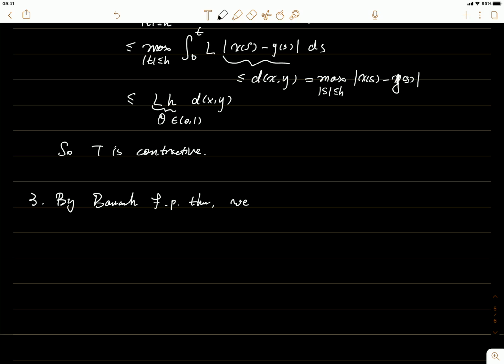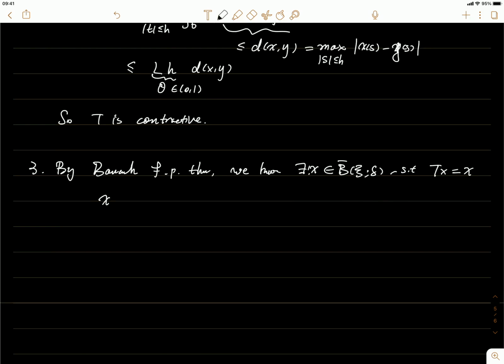We know there exists a unique x in this ball such that Tx equals x, or in other words, x of t is equal to Tx of t, which is c plus the integral from 0 to t of f of s, x of s, ds.